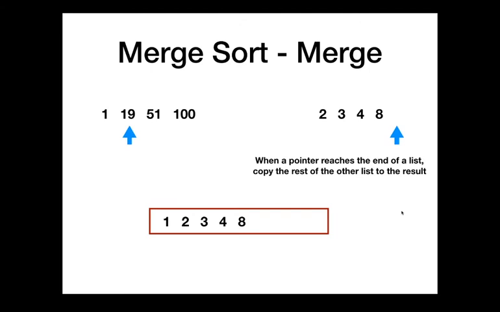I know 19 was compared with the last element of this list, and that element came before 19. So 19 and everything after it must not have anything to do with the rest of the other list. There's nothing left to compare. Everything here has to come after this, and everything here is already in sorted order. So just copy it all over. We can just copy that whole rest of that list in there.